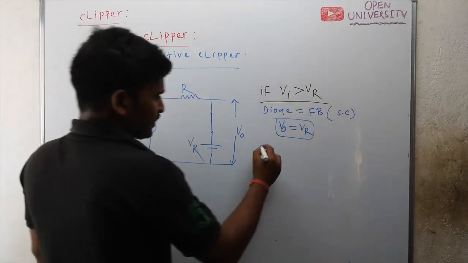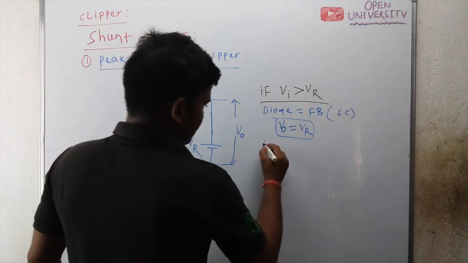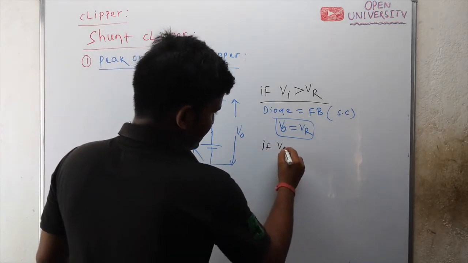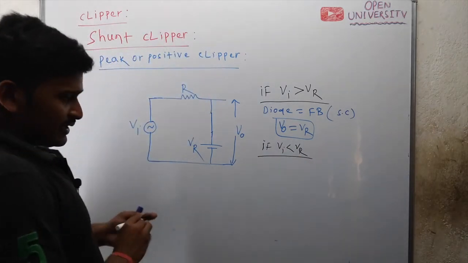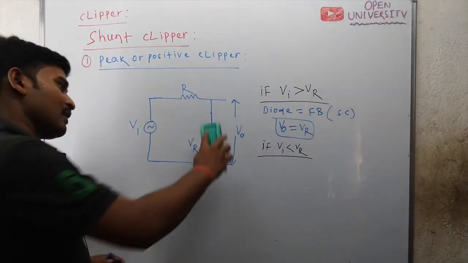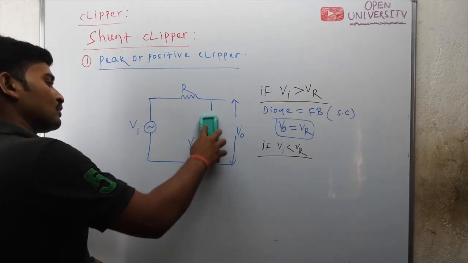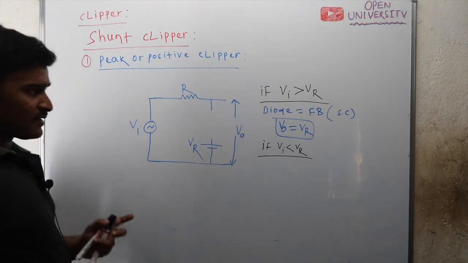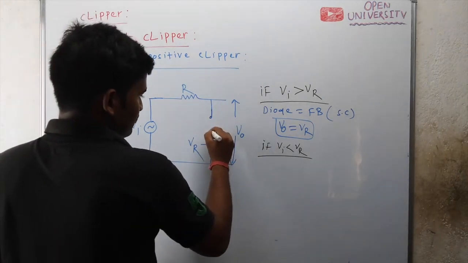Similarly, if the input voltage Vi is less than VR, what will happen to your diode? The diode will become reverse biased, so it will be replaced with an open circuit.